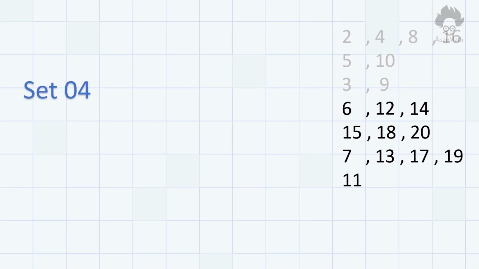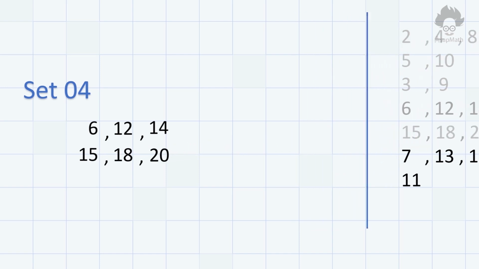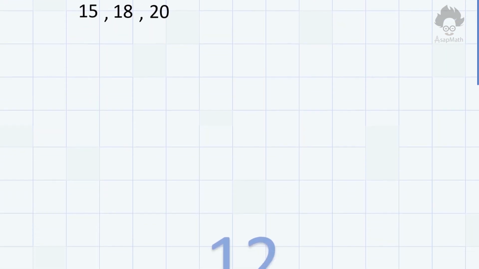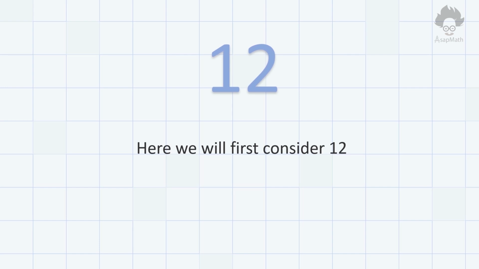Set 4 consists of 6, 12, 14, 15, 18 and 20. First, we will consider number 12 to build up the logic of this.